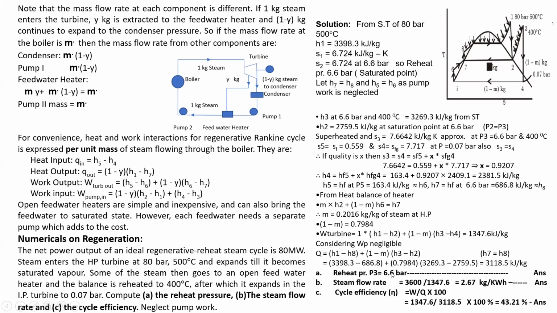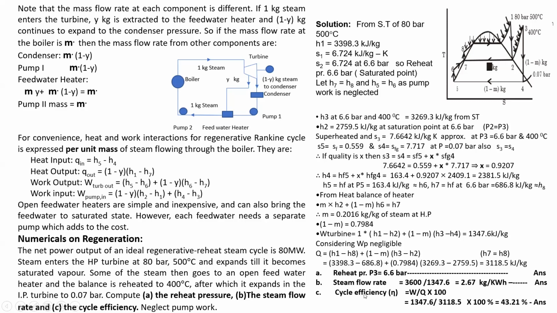Reheat pressure is equal to 6.6 bar. Steam flow rate is equal to 3600 divided by 1347.6, which is 2.67 kg per kilowatt hour.